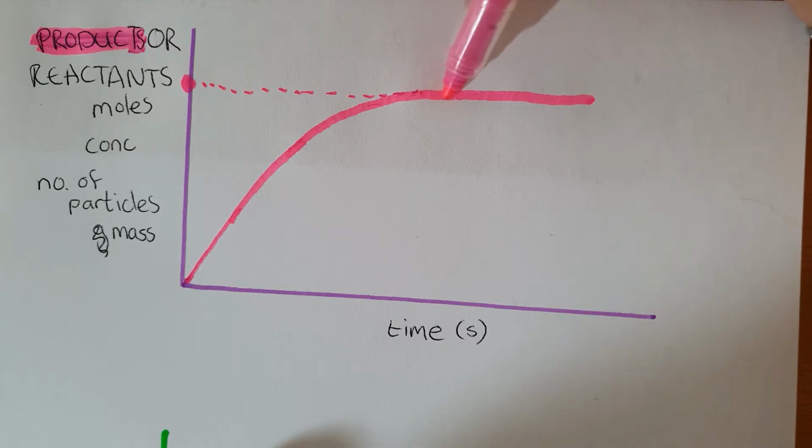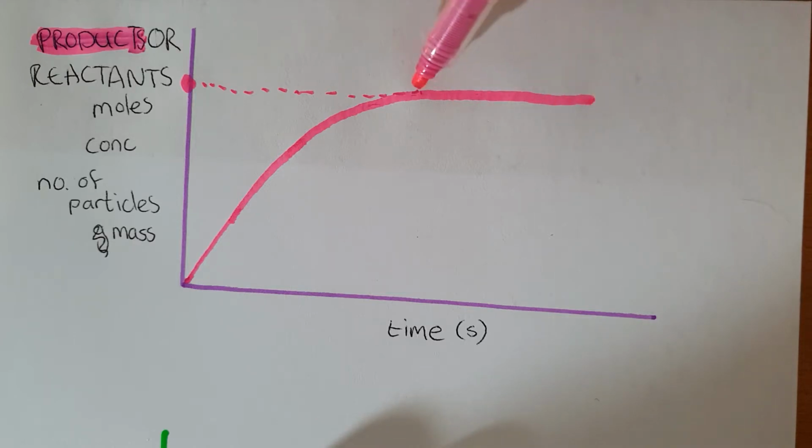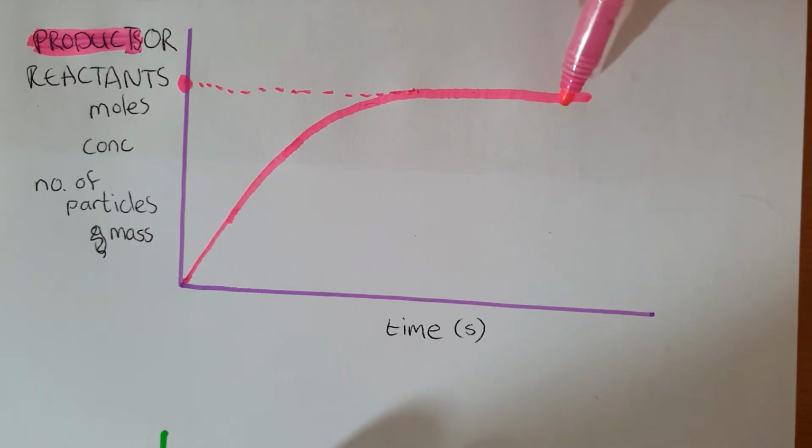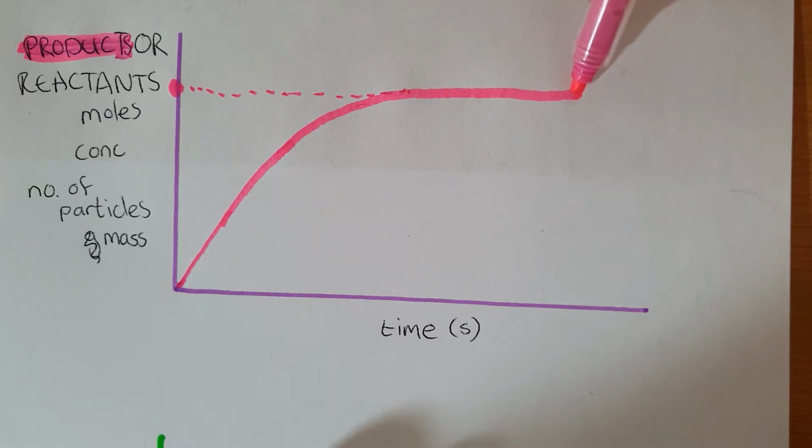And so you don't have any more reaction happening. And so that's why the gradient goes to 0 over here, because there is no more reaction. You've used up all your reactants and you've made the maximum amount of product that you can possibly make. And so over here we have a 0 reaction rate because it has stopped.